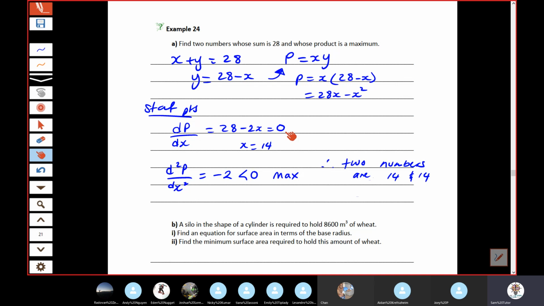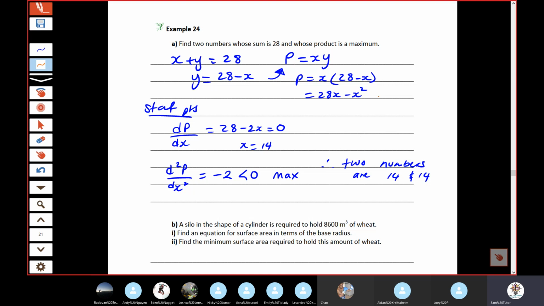Then you went and differentiated. So you found the critical point, your stationary point. And you found that that stationary point is a maximum. So the maximum value you're ever going to get for your product is when x is 14. The maximum that occurs is at 14. That's what you're literally finding, when that maximum occurs. Does that make sense? Okay.